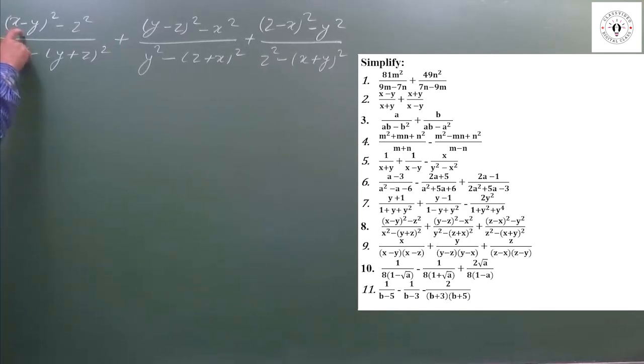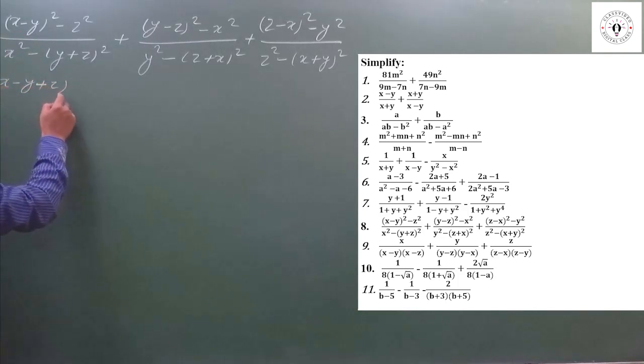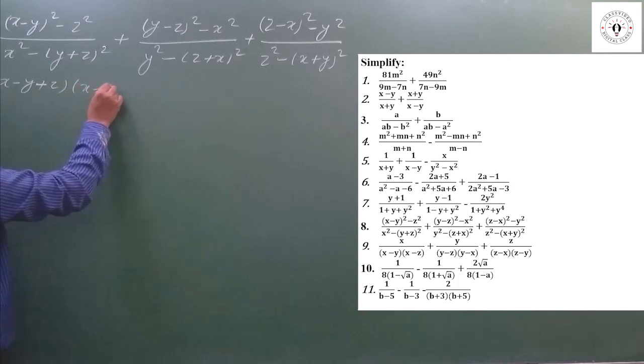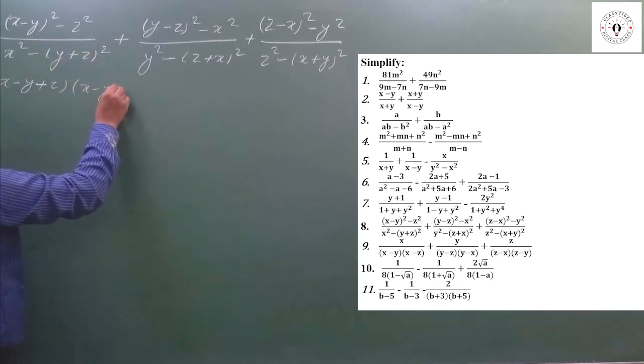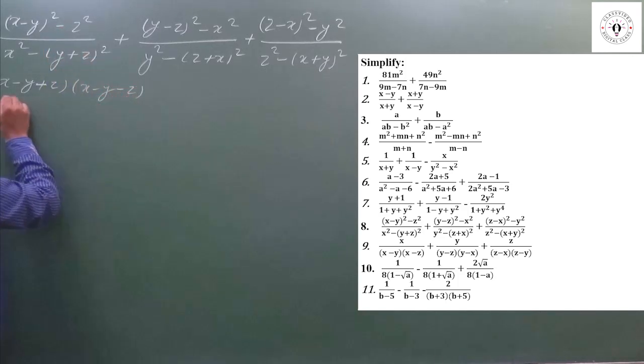So if I suppose x minus y as a and z as b, then this is in the form of a square minus b square. And a square minus b square equals what formula do we know? a minus b times a plus b. That is, a means x minus y, plus b means z, this is a plus b. a minus b, a means x minus y, minus b means minus z.